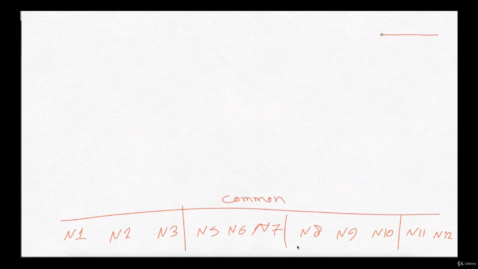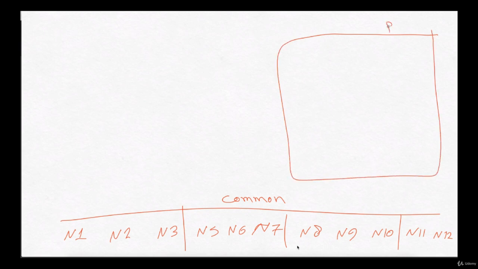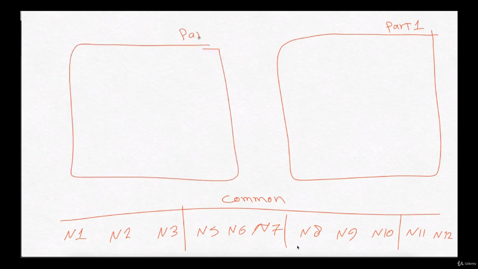Then I can create partition 1. I can create partition 2. I can create admin 1, admin 2, and I make each admin as a manager on his own partition, his assigned partition.